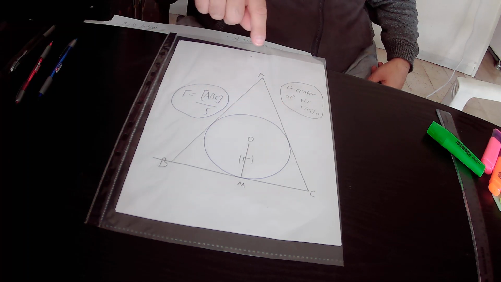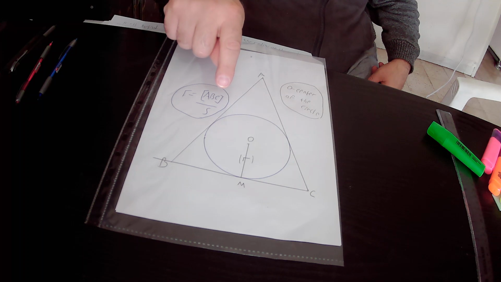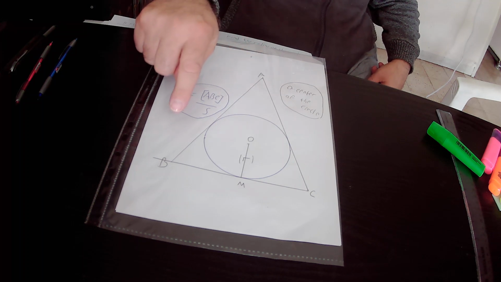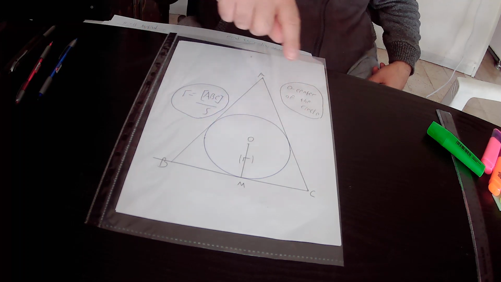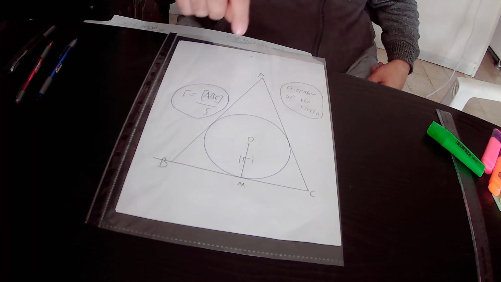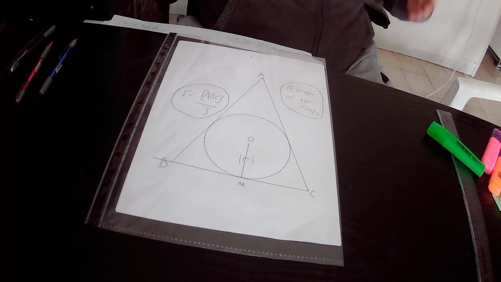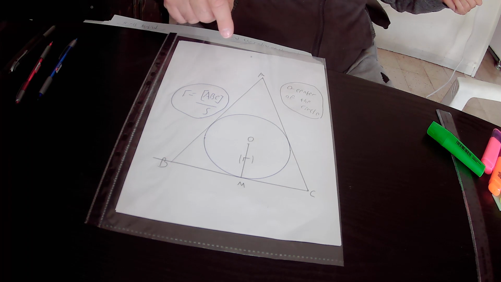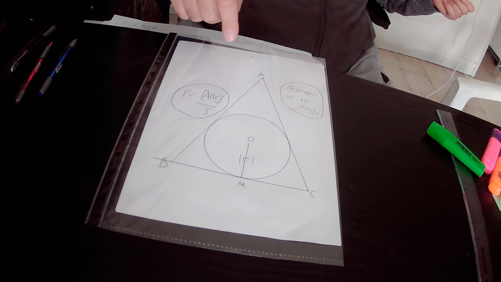The perimeter is the sum of the side lengths of the triangle, that is AB plus BC plus AC, and if we divide the perimeter by 2, we get the semi-perimeter S. So in conclusion, the radius R of any circle that is described by a triangle will be equal to the area of the triangle that blocks the circle over the semi-perimeter of the same triangle.